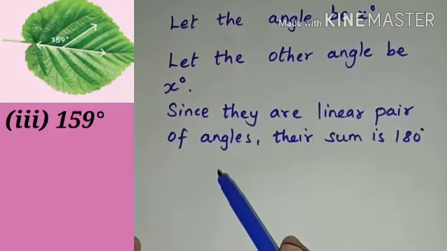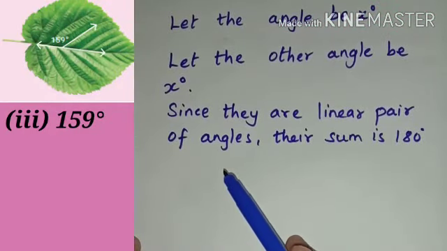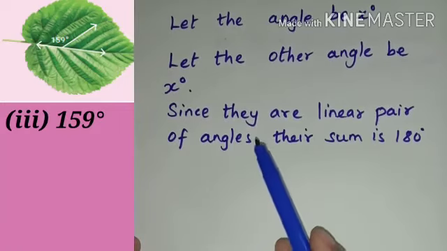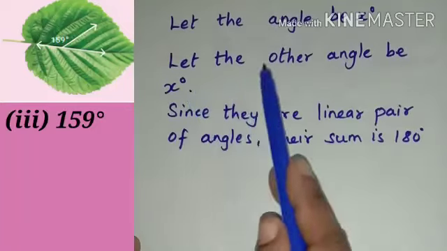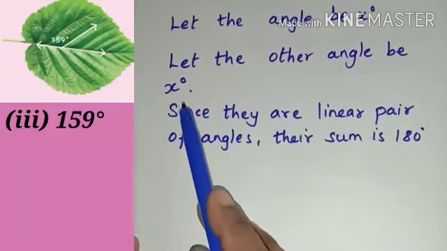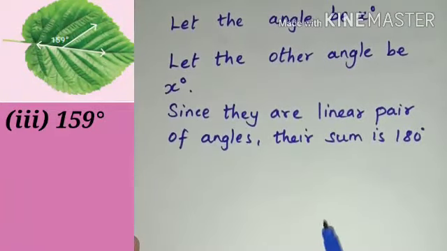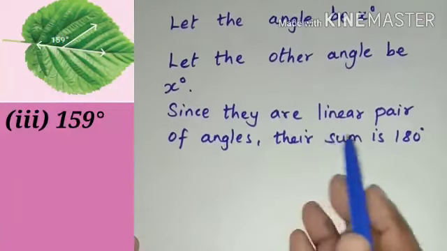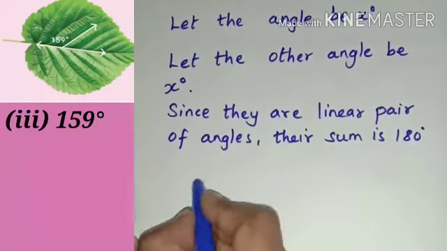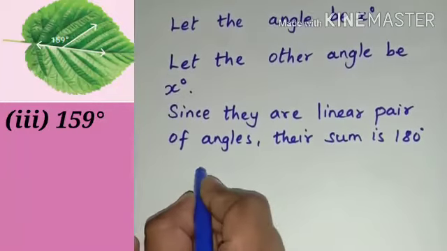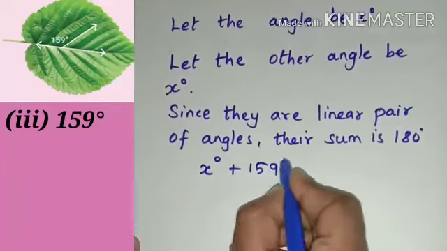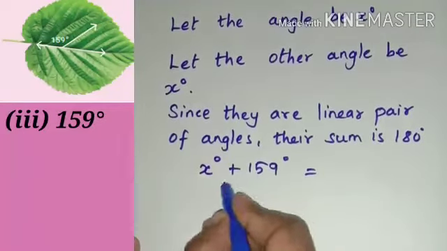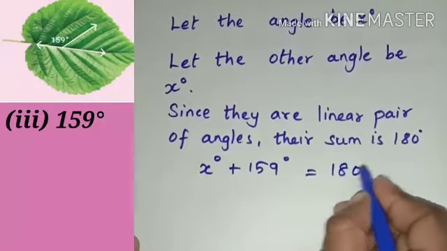Here the angle 159 degrees is given, and we have to find the other angle, which we take as x degrees. Since they are a linear pair of angles, their sum is equal to 180 degrees. So we add x degrees and the given angle 159 degrees, and the sum of these two angles is equal to 180 degrees.